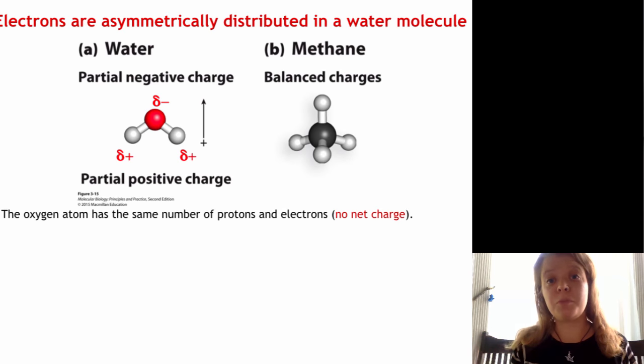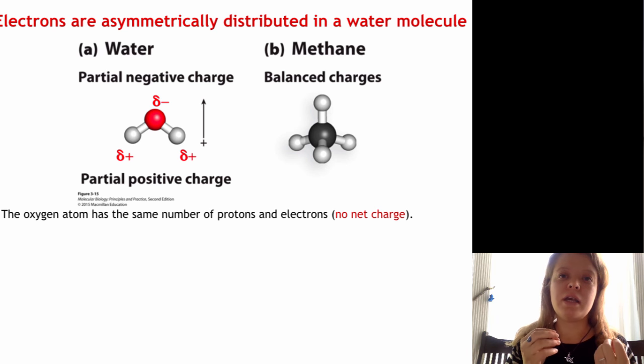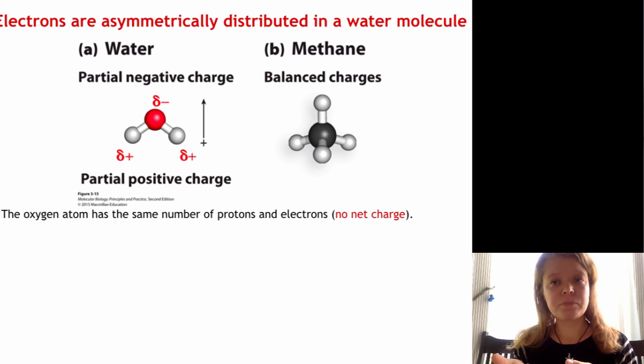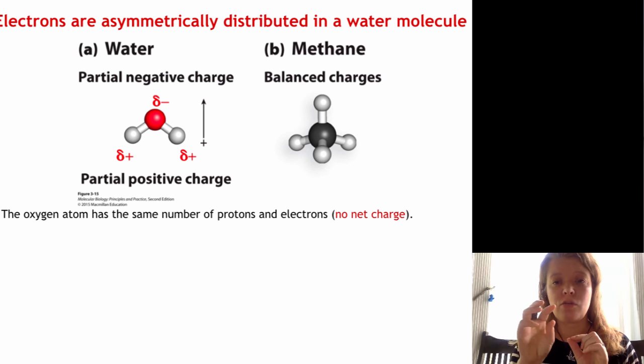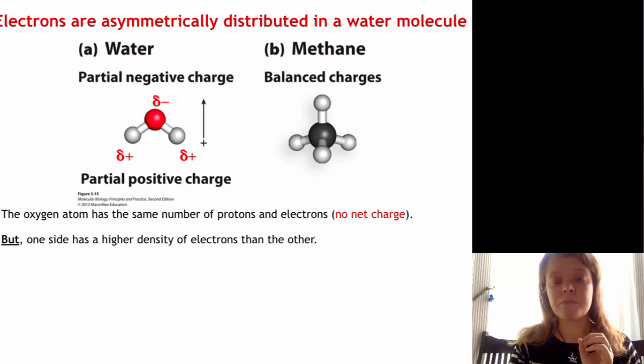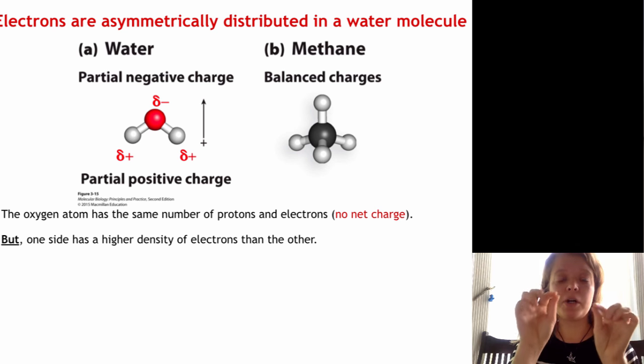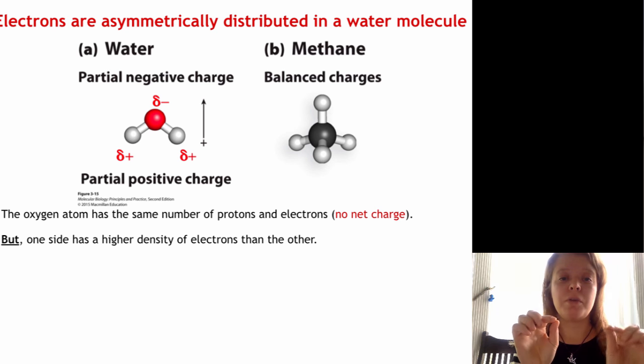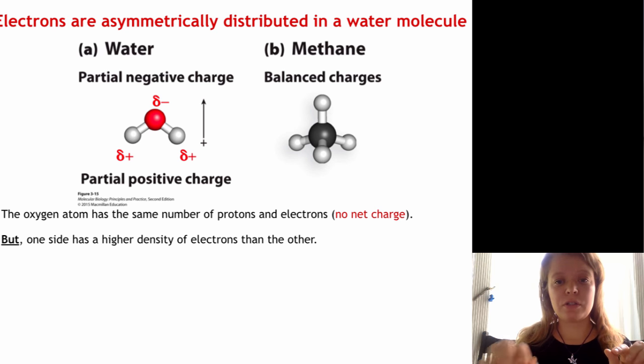The most important electrostatic interaction occurring in living organisms is the hydrogen bond. The hydrogen bond is possible due to the fact that water is a dipole molecule. Unlike its buddy methane, which is 4 hydrogens bonded to a carbon, the water molecule carries a partial negative charge on the oxygen and a partial positive charge on the 2 hydrogens.